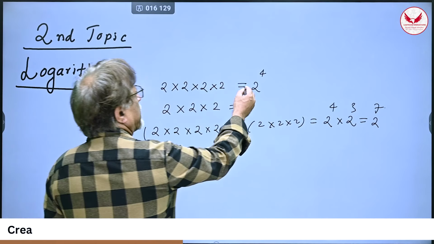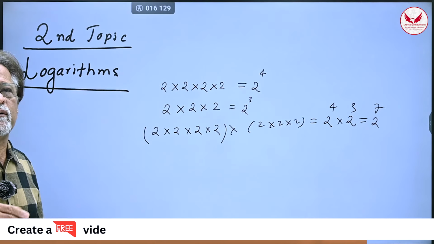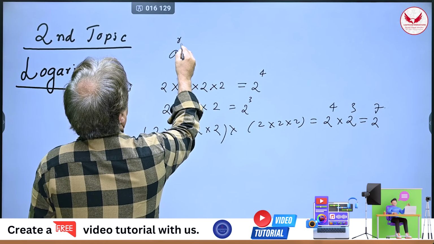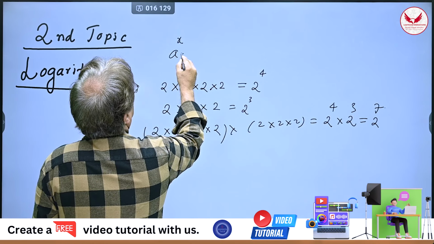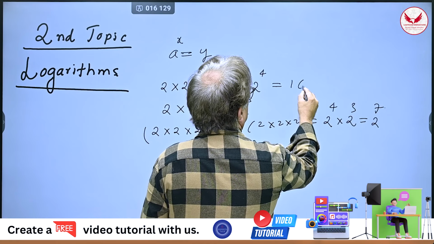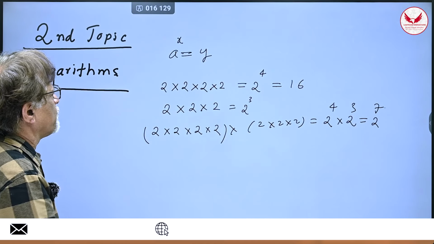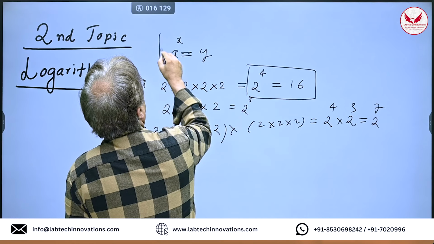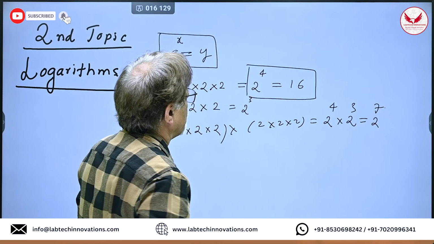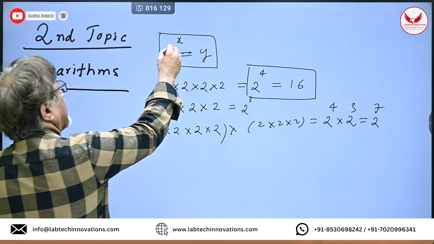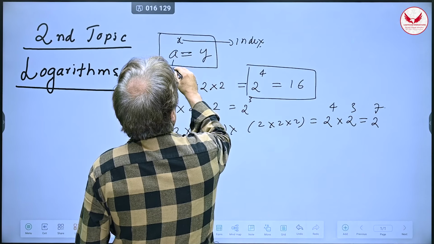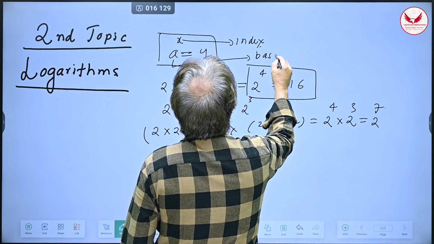Now this notation was actually invented only for creating a short form and easier notation. But if I translate this notation into the form of alphabets, it is like A raised to X is equal to Y. For example, 2 raised to 4 is equal to 16, right? From this kind of notation the indices were invented. So this number X was called index. This number A was called base, right?